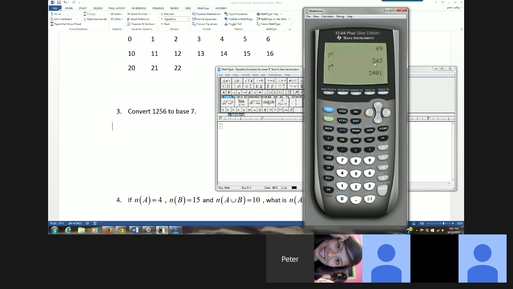How many 343s can I fit into 1256? So I'm just going to take that number, 1256 divided by 343. And it goes in there 3 times, and there's a remainder.